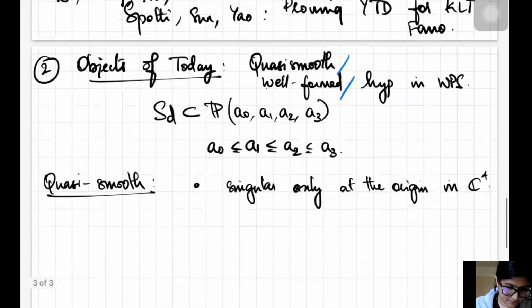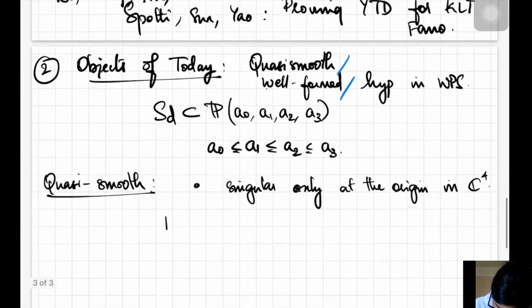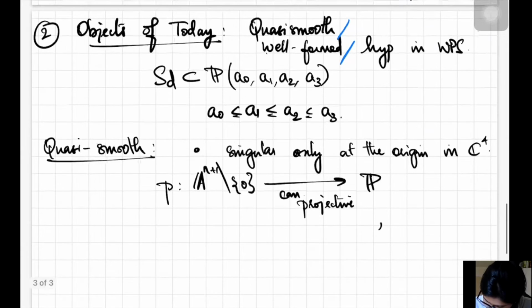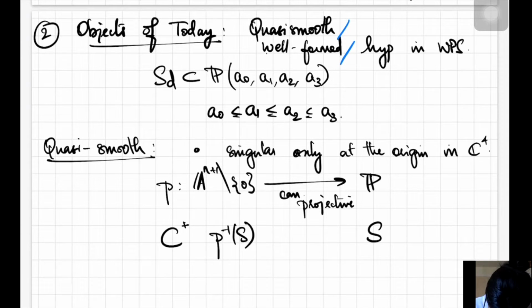What do I mean by this? For every x that you have, you can look at just the affine space, and you have the canonical projection for any projective space. Once you do this, you can look at what is called the affine cone.